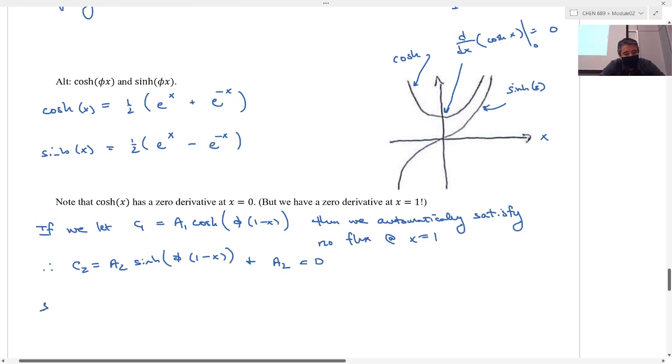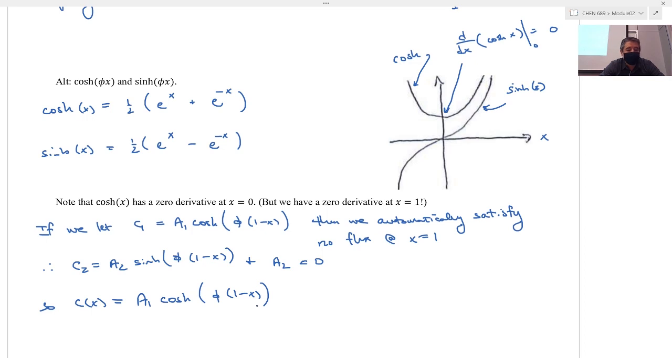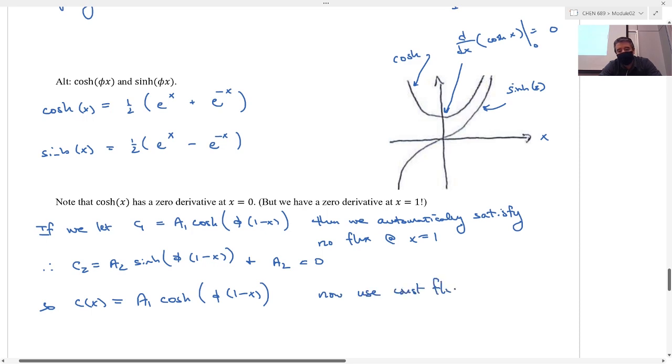Okay, so C of x is equal to A1 hyperbolic cosine of phi times quantity (1 minus x). So now use constant flux at x equals 0 to find A1.